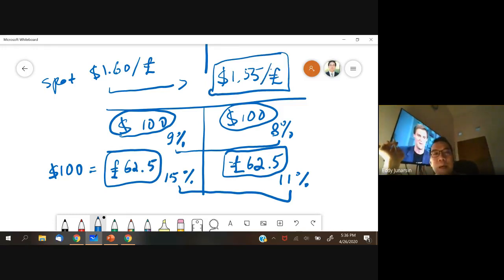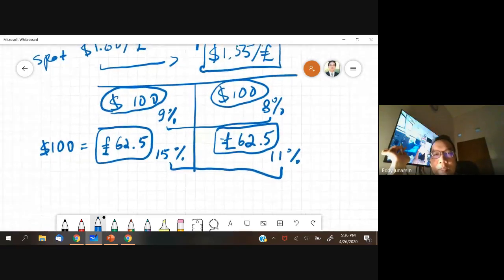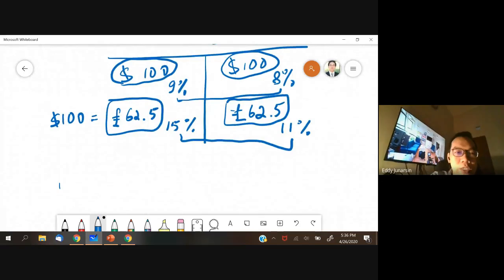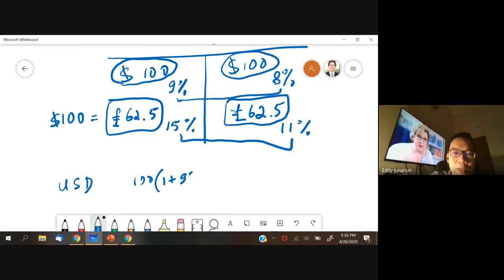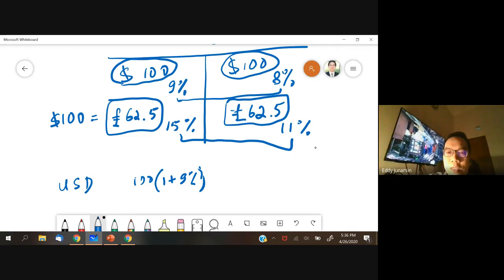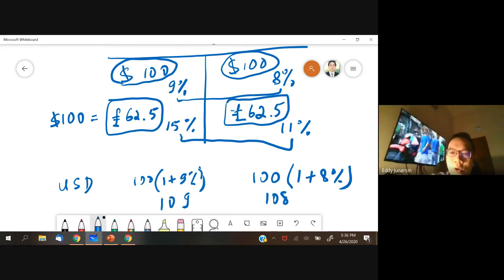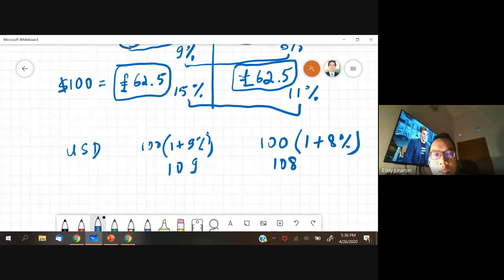Okay, so it doesn't matter anymore because you have matched the number. So what will happen from the US dollar transaction, right? You will earn 100 going by 9%, right? And then from the cost side, you have to repay 100 million and 8%. Right? So 109, this is 108, right? So we have a spread of 1 million as your profit from the US dollar transaction.